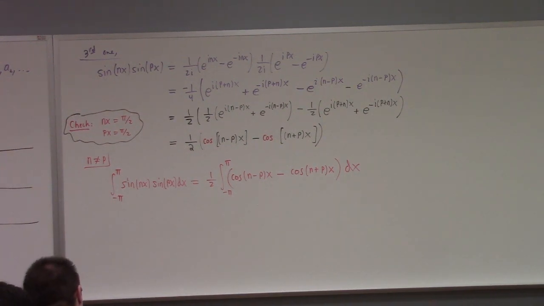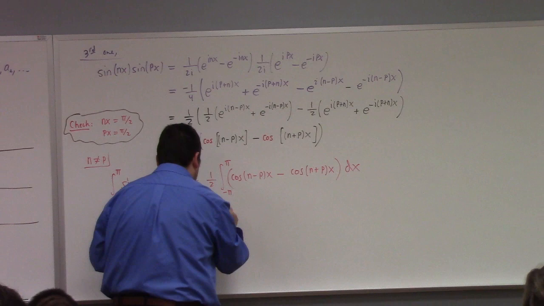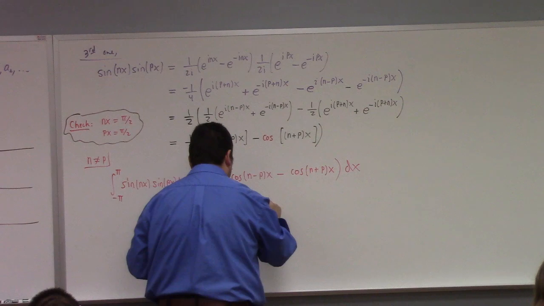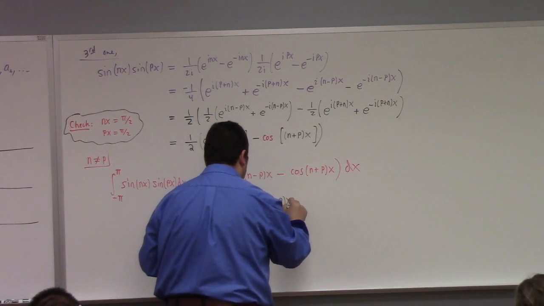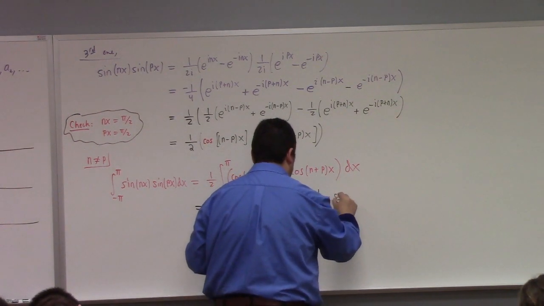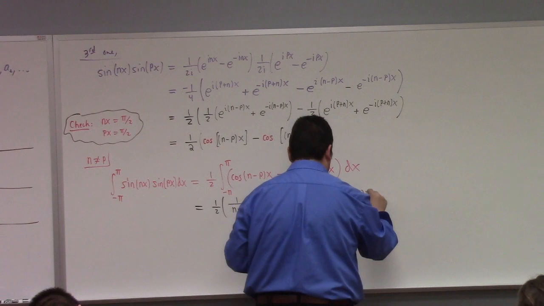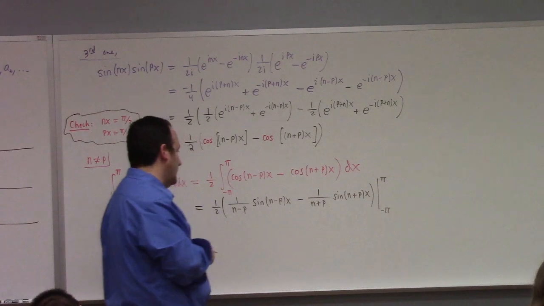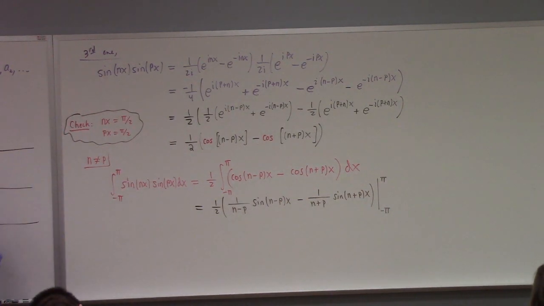Okay. All right, so you guys can integrate this, right? What's the integral of cosine? Simple u substitution makes us divide by n minus p or n plus p, right? Cosine integrates to sine, right?